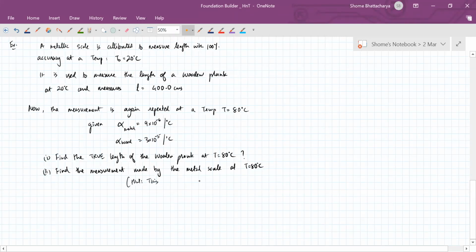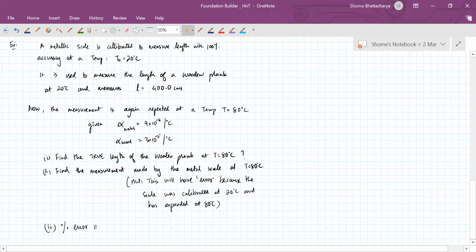This will have error because the scale was calibrated at 20 degrees C and has expanded at 80 degrees C. So next we have to calculate the percentage error in the measurement.